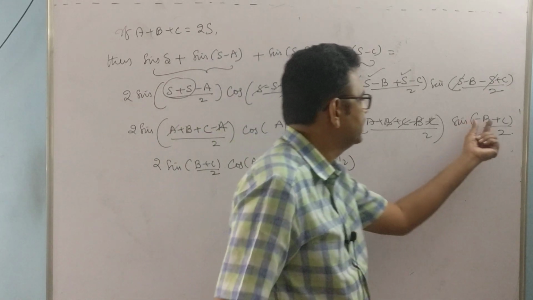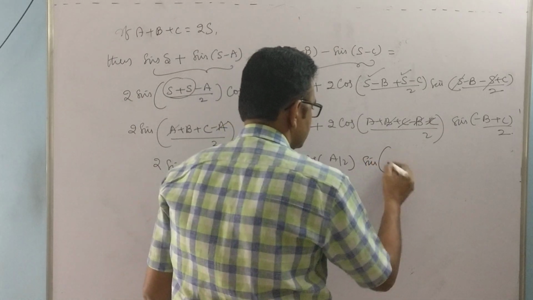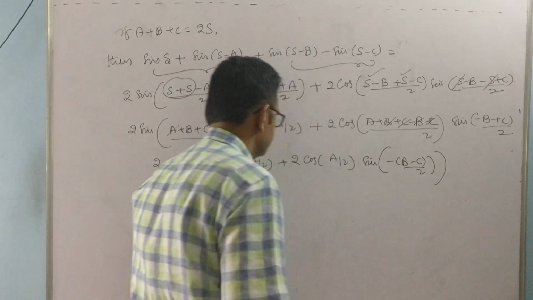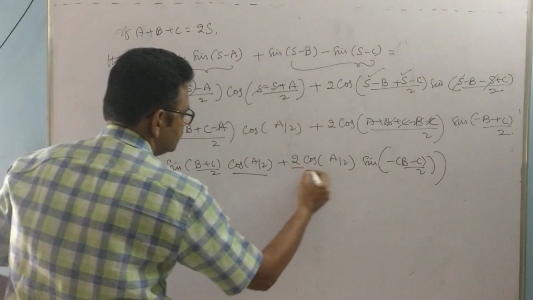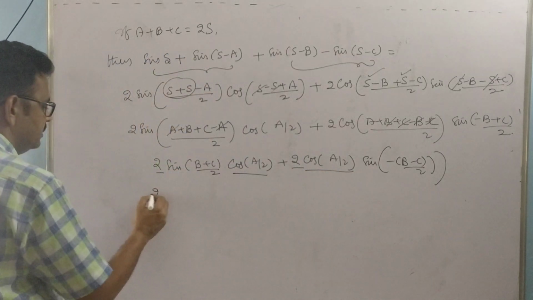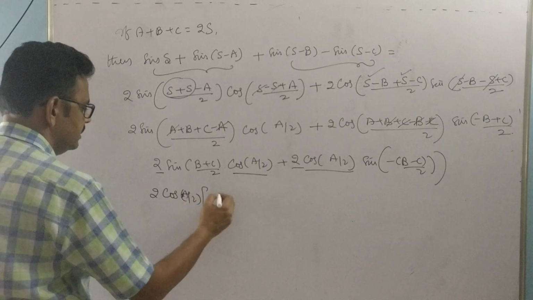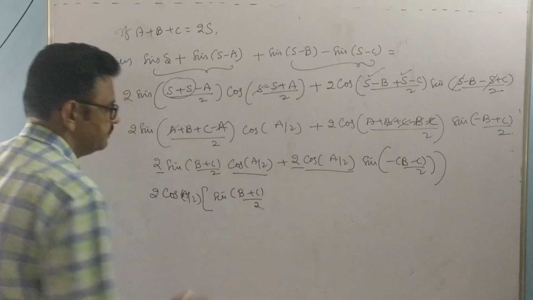In this one you have to take minus common, so this is sin of minus of (b minus c) by 2. So in this one 2 cos a by 2 is taken common, this is sin of (b plus c) by 2.